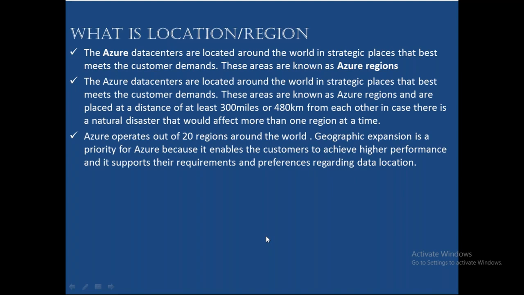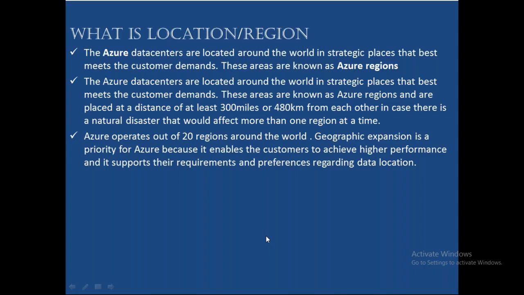What it means is, for example, if I don't have any data center in India and I'm using a US data center, let's imagine all data centers are available only in the US. Whatever data I want to store in the cloud, I need to put in a US data center.